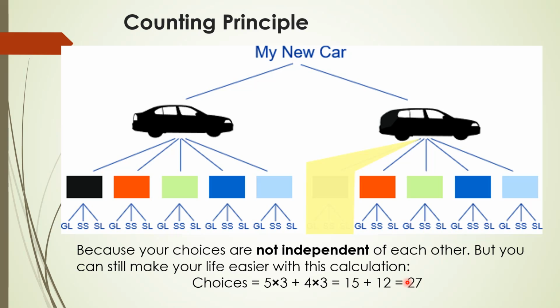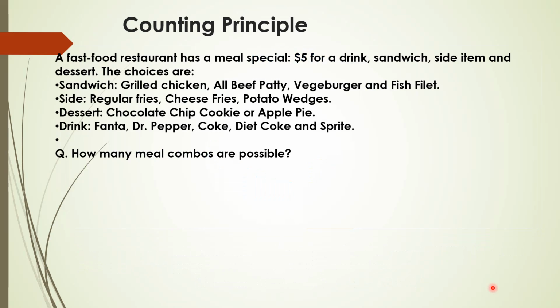For the sedan, there's 5 times 3. And for the hatchback, there's only 4 times 3. So there's 27 choices that you are left with when you make your choice of the car to buy.